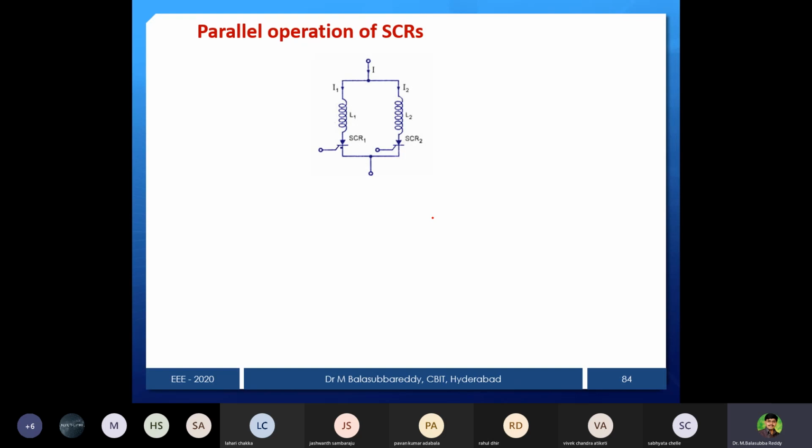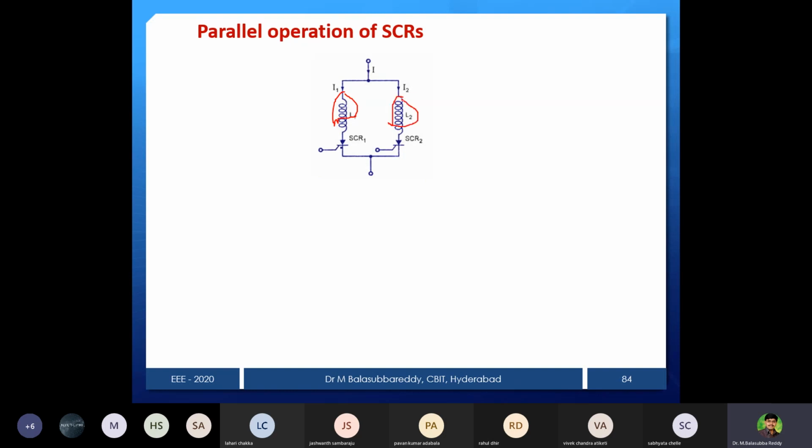And what is the drawback in that? If we use a resistor, current is passed through that resistance because each SCR is going to share. Current passing through that resistance leads to power dissipation. So that's why preferably we don't use a resistance connection in series with the SCR. But an alternate option is there. You can use a mutual coupling inductor.